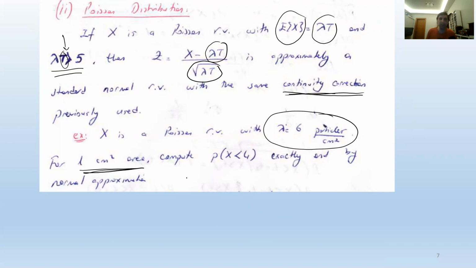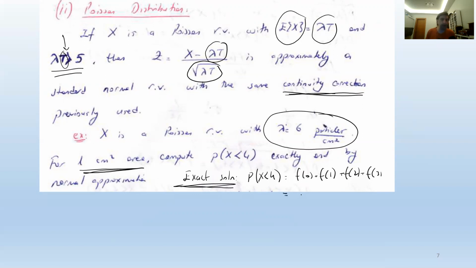For this question, let's find the exact solution, because we can find it easily compared to the previous case where the exact solution requires adding those 10 terms with very high powers and factorials. So the probability of x smaller than 4 is going to be equal to f0, f1, f2, f3, and I think that's all, because it says x smaller than 4.